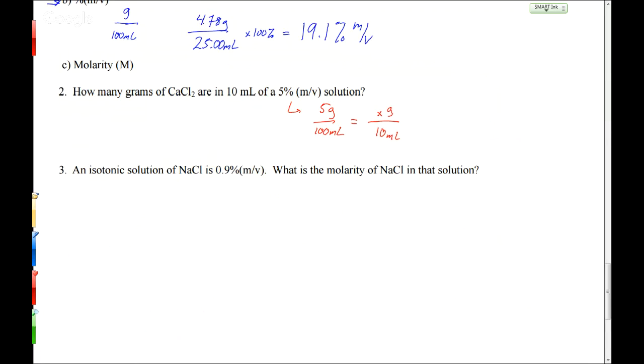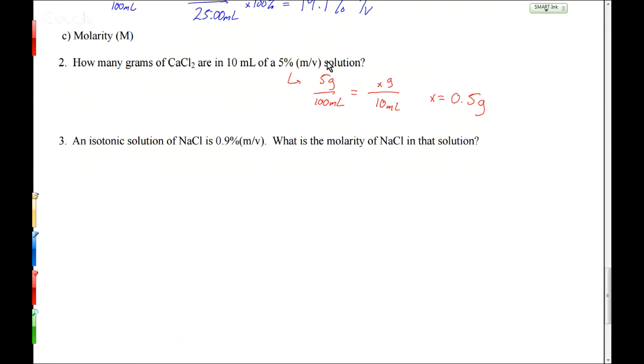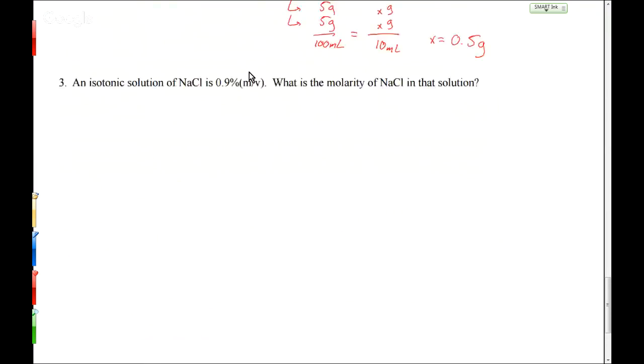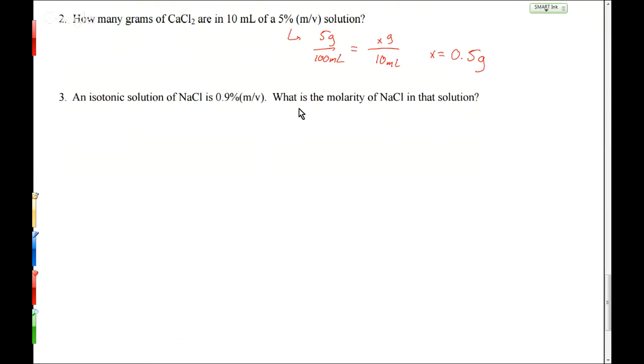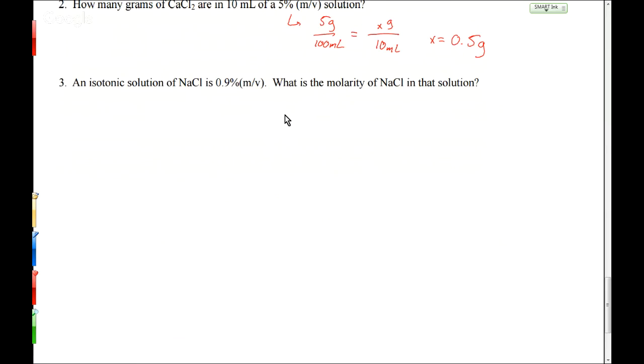How many grams of calcium chloride are in 10 milliliters of a 5% mass by volume solution? So in a mass by volume solution, 5% means 5 grams per 100 milliliters. So 5 grams of solute per 100 milliliters of solution, that's a 5% solution, because 5 divided by 100 times 100% is 5%. That's the definition of that. The easy way to figure out this kind of thing is from a proportion. The concentration has to stay the same whether you have 100 milliliters or 10 milliliters.